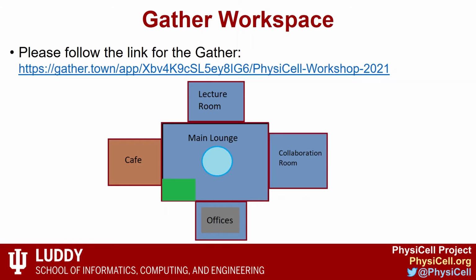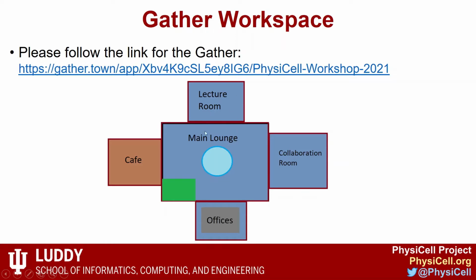The PhysiCell workshop will be in GatherTown, and this is the GatherTown link. If you signed in previously, this can just take you there, and if you didn't, you can go and enter the password and you are in. In Gather, there are 5 rooms. The first room is the main lounge, where you will spawn first.